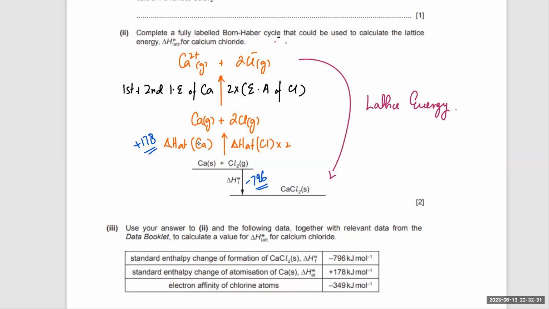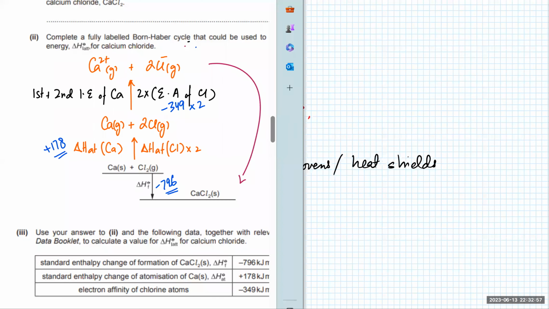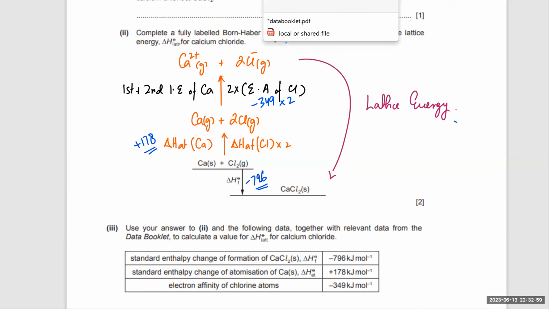The next thing that's given is electron affinity of chlorine atoms, that's minus 349, times 2.